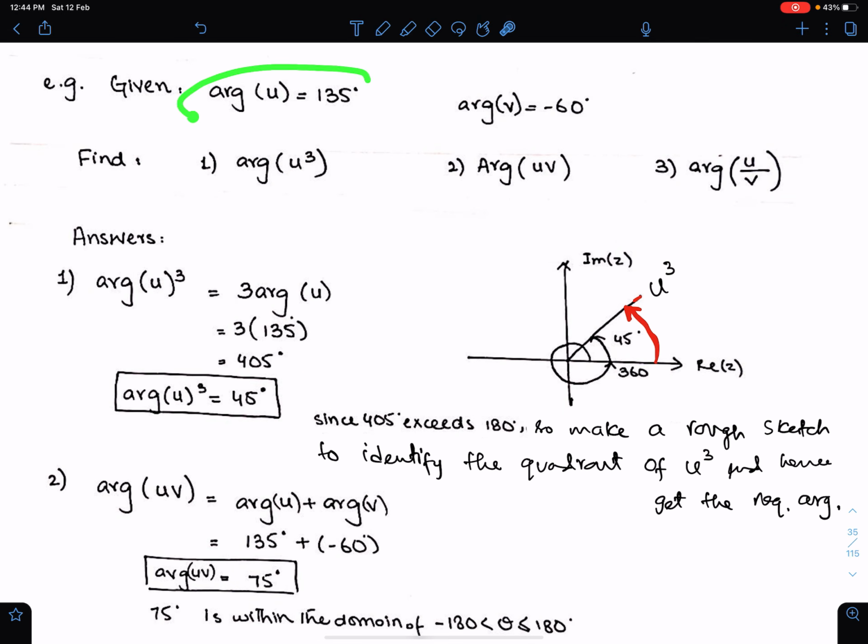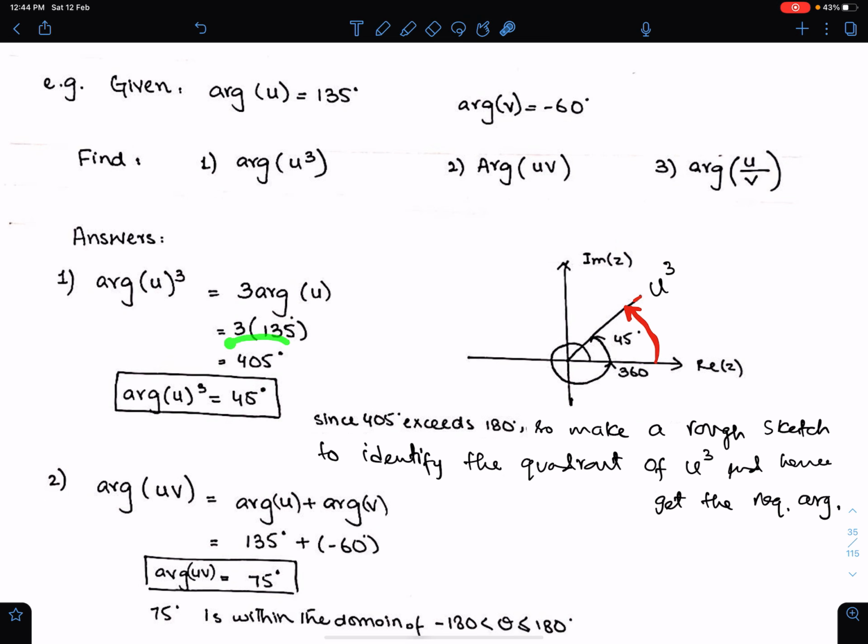Given argument u is 135 and argument v is minus 60. We have to find argument u cube, argument uv and argument u upon v. According to property number 1, we can find argument u cube. So this 3 will come here. We have argument u, it's 135. So 3 times 135 makes 405.